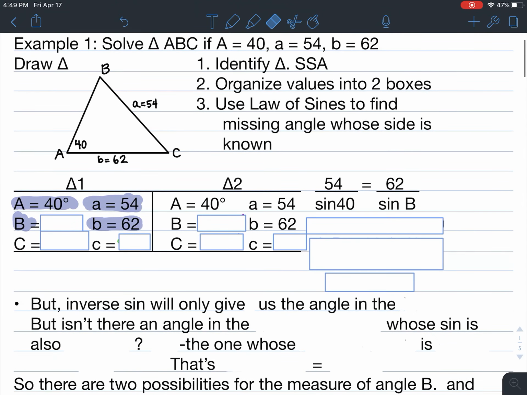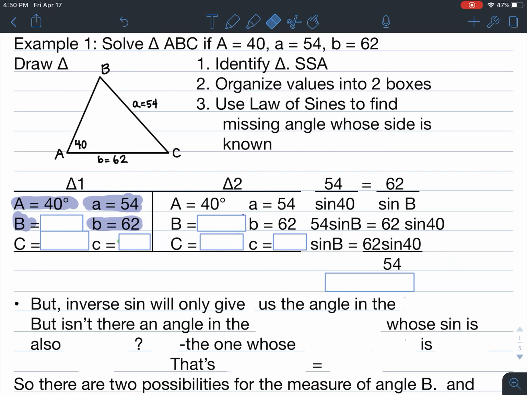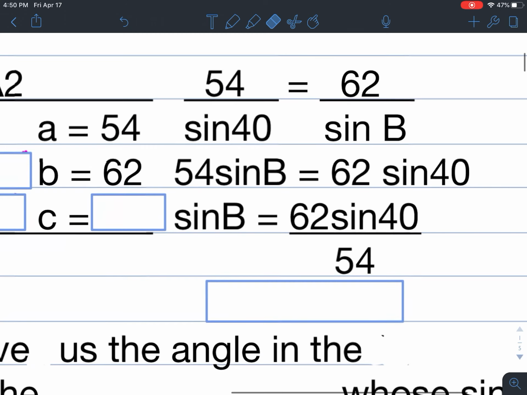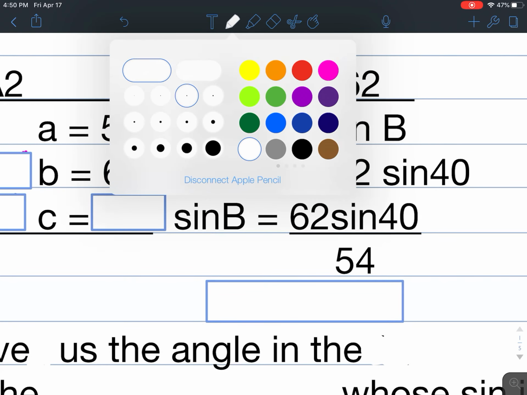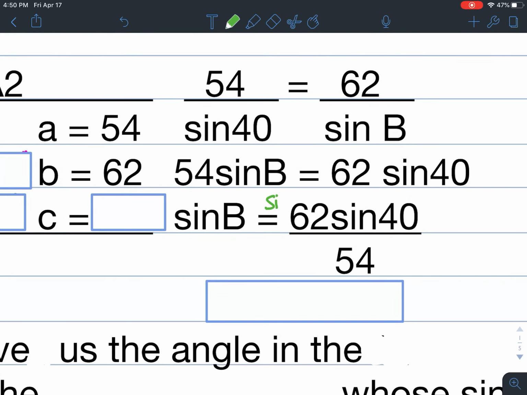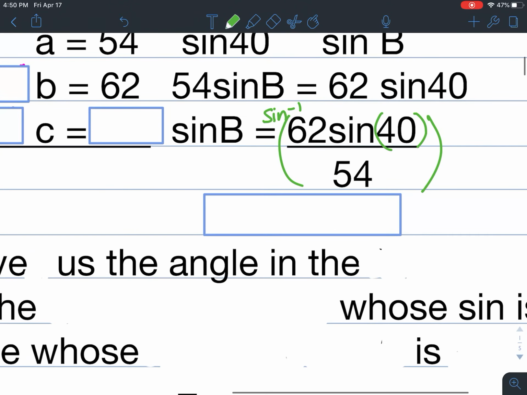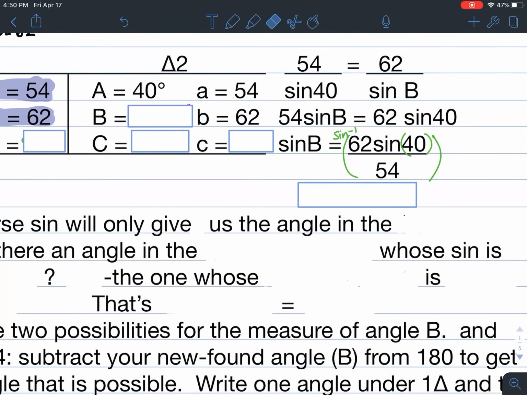Now, I've done this before with the law of cosines, when we would find a missing angle. So cross multiply, 54 sine B equals 62 times sine 40. And then divide by 54. That's going to be sine B, but don't forget in your calculator, you are going to inverse sine all of this and make sure that you close the parentheses around the 40 before you divide by 54.